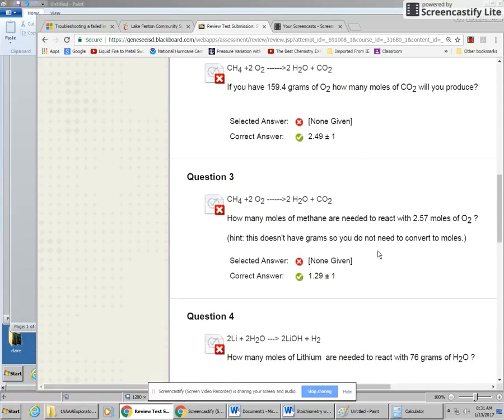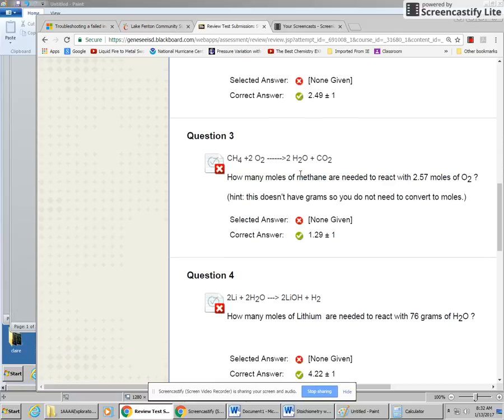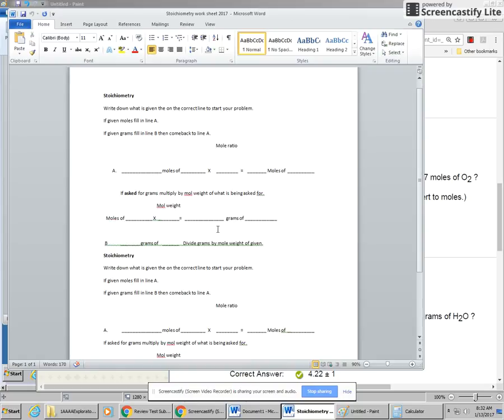So that's how you do grams to moles. And here, if you have moles, right, like on question number 3, if you have moles, you don't have to change to moles. You have moles. So here you have CH4. How many moles of methane are needed to react with 257 moles of O2? That is the exact same thing that we have here, but you're starting with moles.